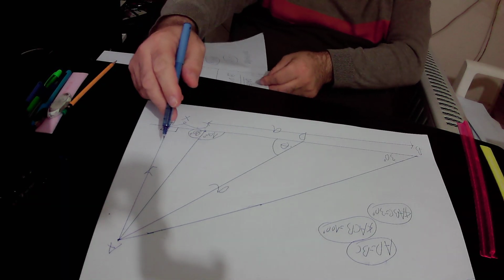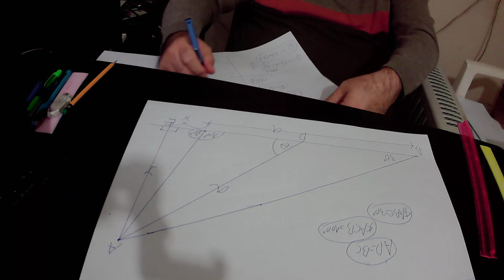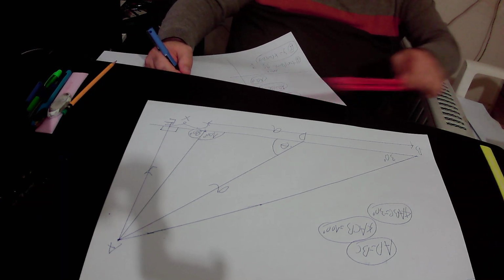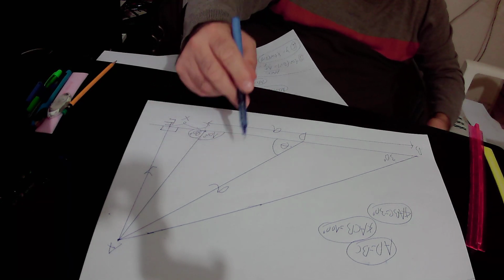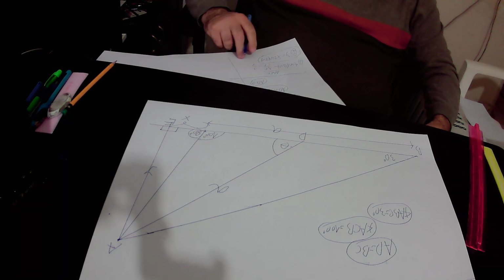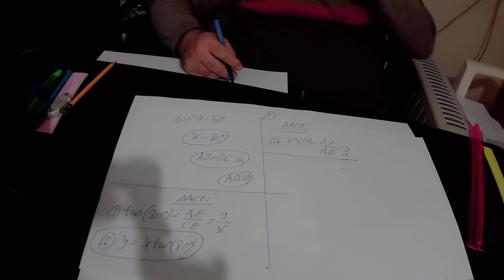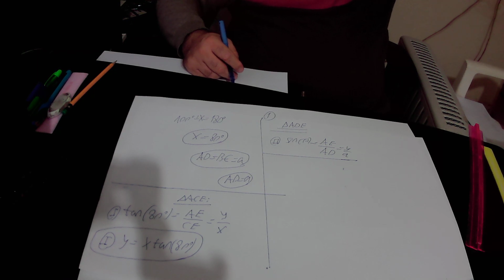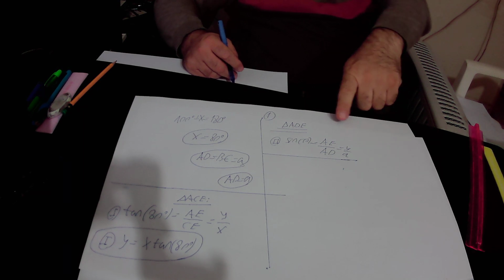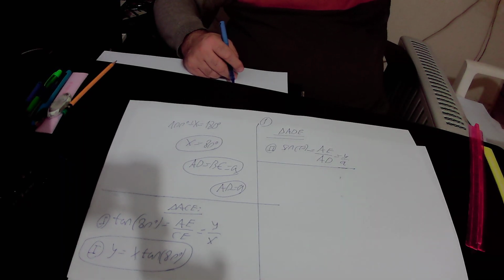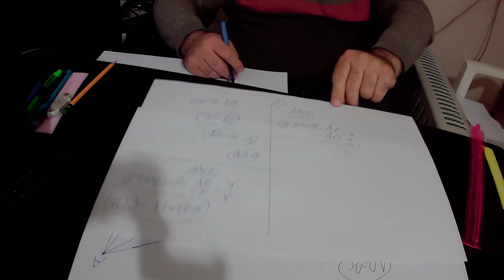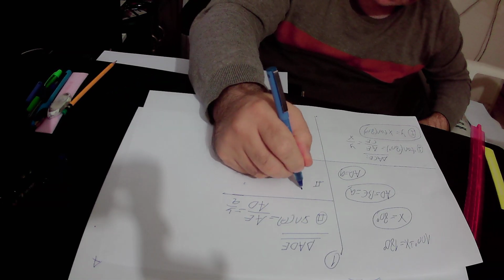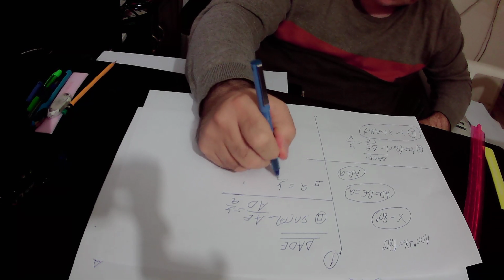According to our definition, AE equals Y, so we can substitute AE by Y. And according to our definition, AD equals A, so we'll substitute AD by A. So we found out that sine theta equals Y over A. Here we will multiply this equation number 2 by A, and then we will divide it by sine theta, and we will get that A equals Y over sine theta.